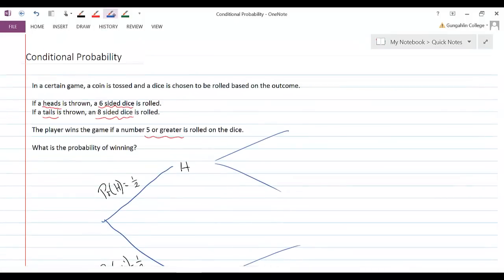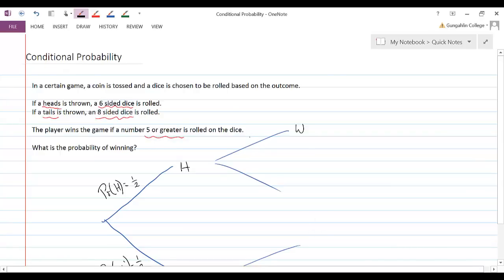So in this particular case, if I've thrown a head, then my probability of winning is going to be the probability of getting 5 or greater on a 6-sided dice.